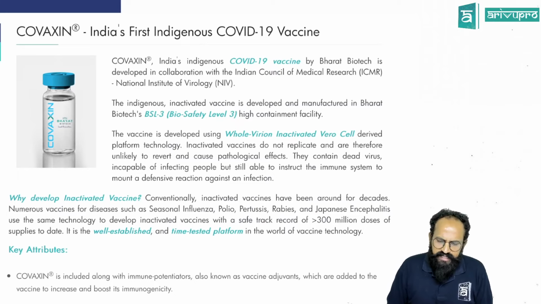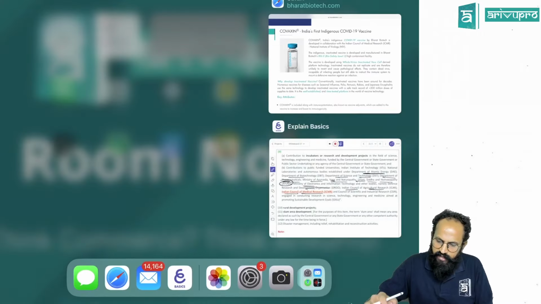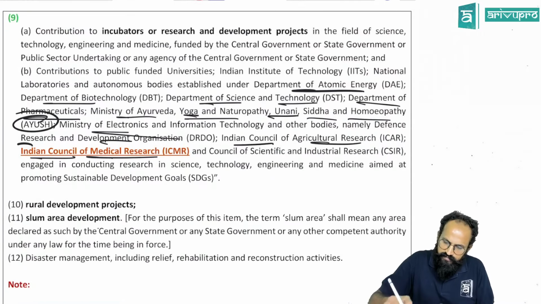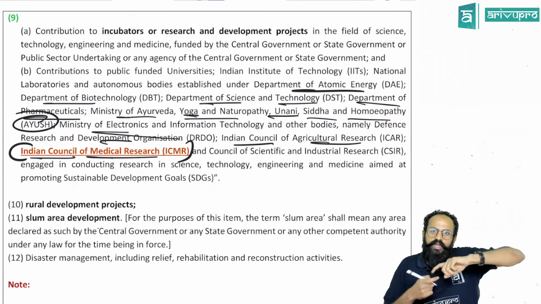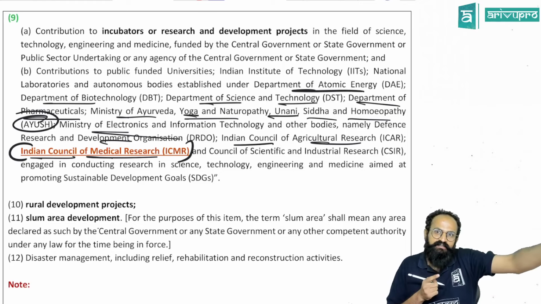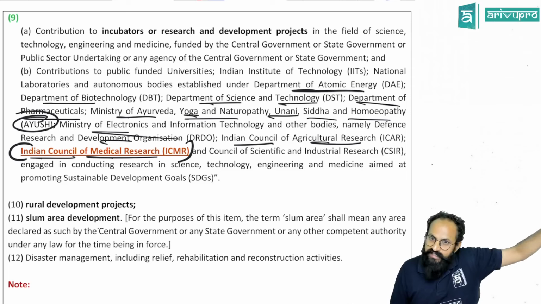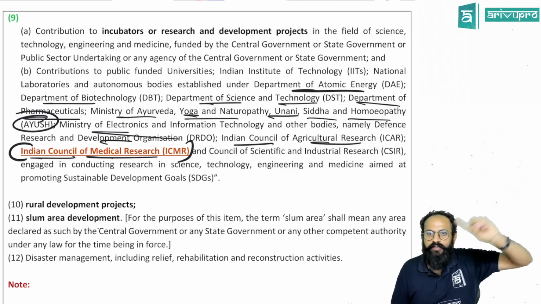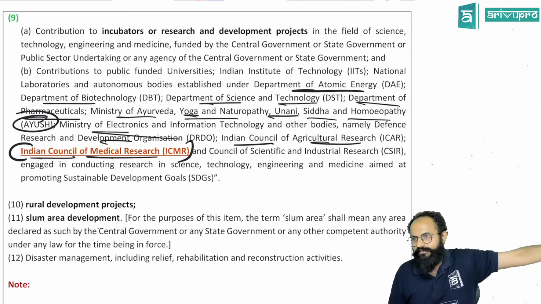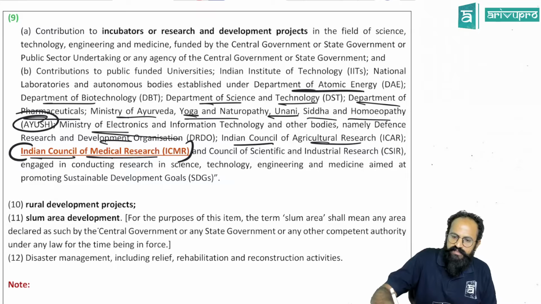Covaxin, India's indigenous COVID-19 vaccine by Bharat Biotech, is developed in collaboration with Indian Council of Medical Research, National Institute of Virology, ICMR. So if you are doing it as a tie-up, as research and development for a COVID vaccine, even if it is your ordinary course of business, it is considered a valid CSR expenditure. Clear? 100%.